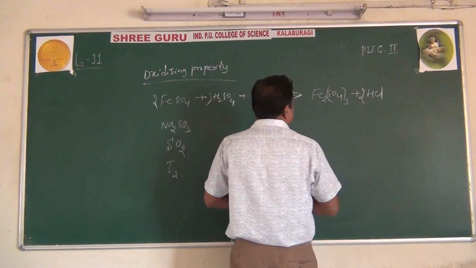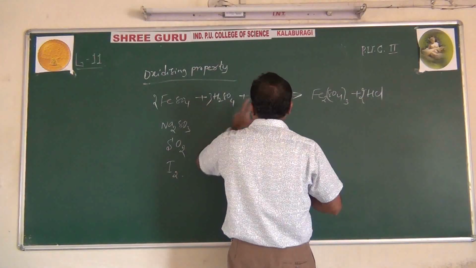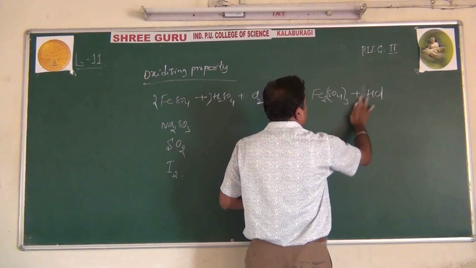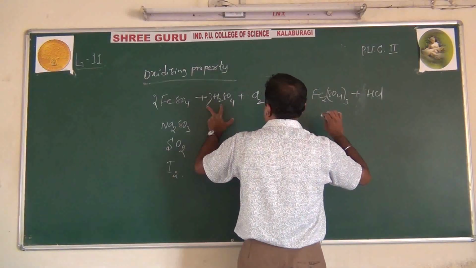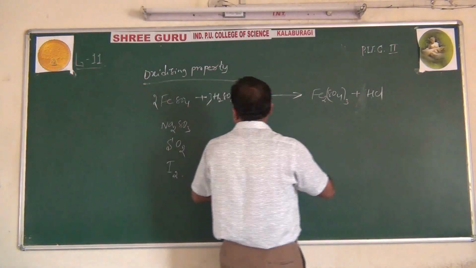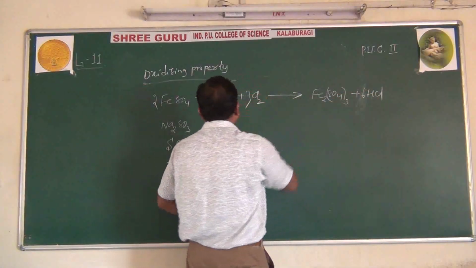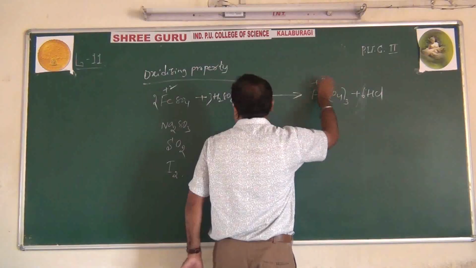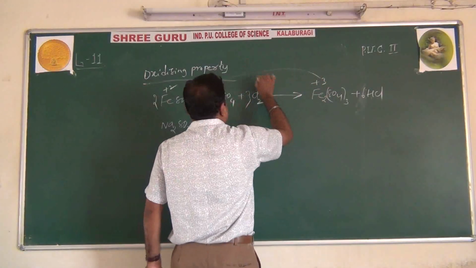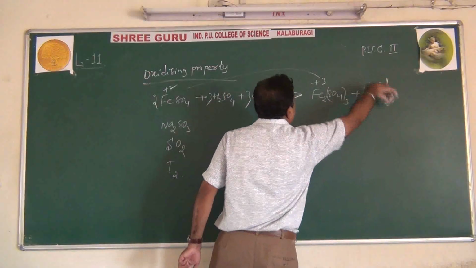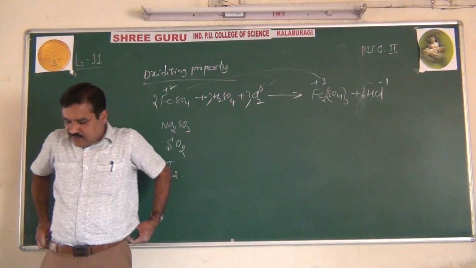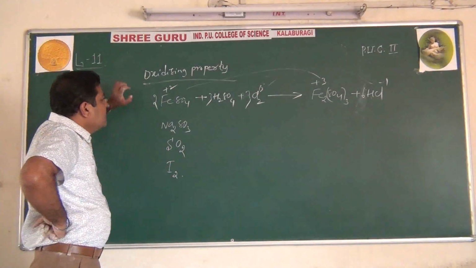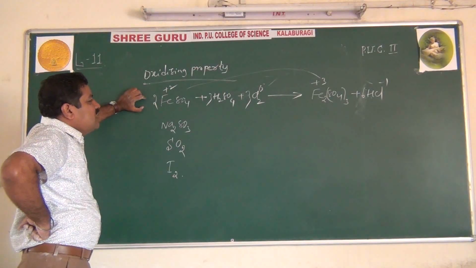Ferrous goes from +2 to +3, and chlorine goes from 0 to -1. But this is possible in acidic medium.